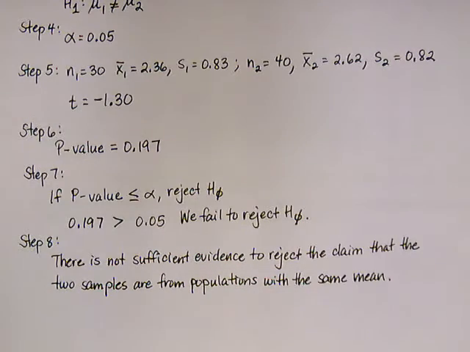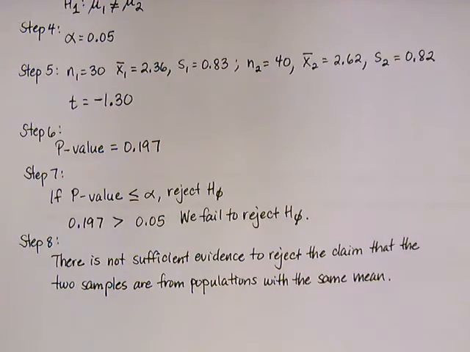Because we failed to reject the null. The null was the claim, by the way, so there's not sufficient evidence to reject that claim that the two samples are from populations with the same mean.